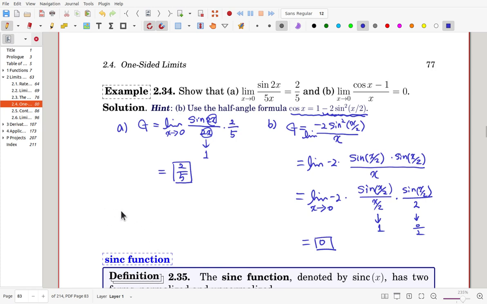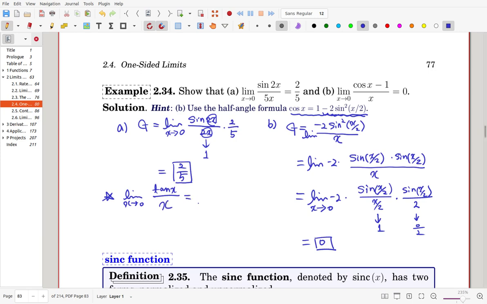Now, by using this theorem, we can do this one. For example, the limit as x approaches 0 of tangent x over x.